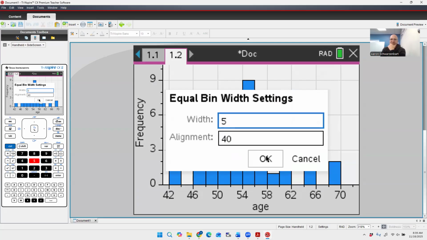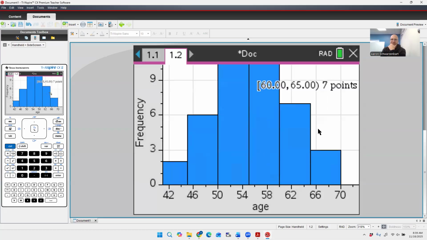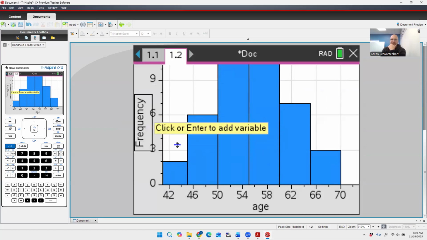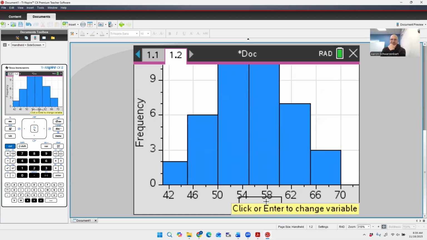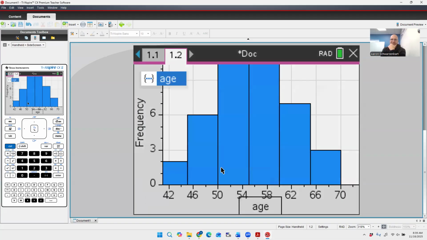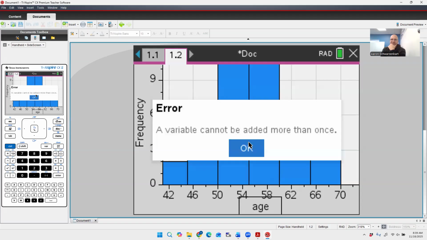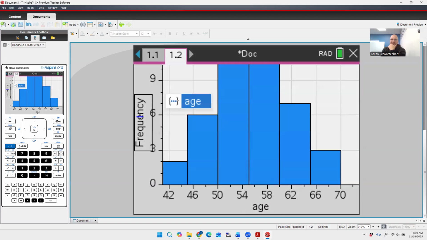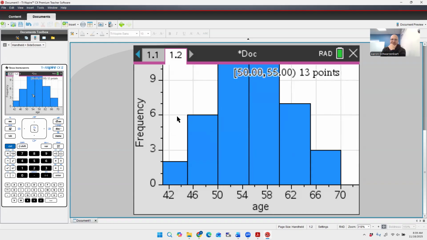Histogram properties. Notice it's going right off my screen.